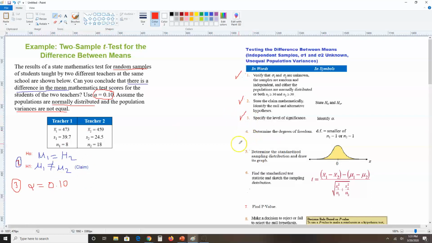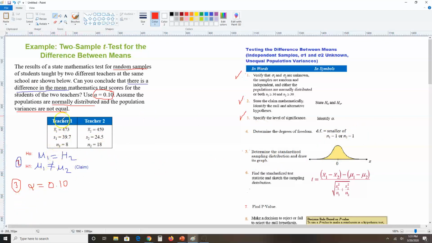I need to determine the degrees of freedom, but I need to choose the smallest one that I could get. Here's what I mean, because you have two samples and each sample has a different size. I'm going to do the degrees of freedom for each one.